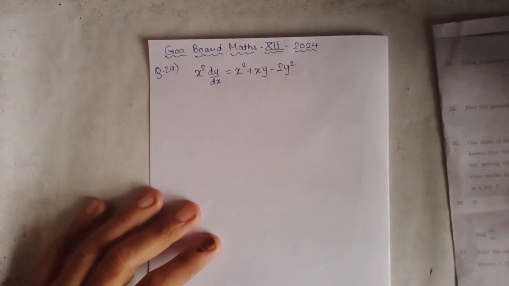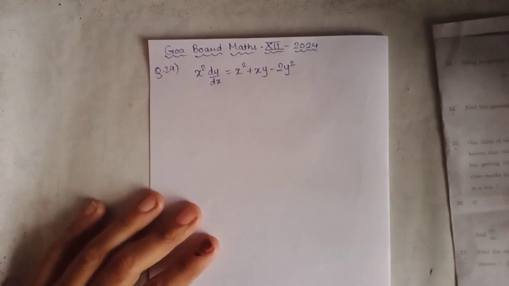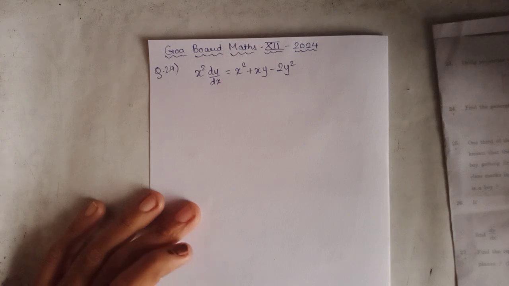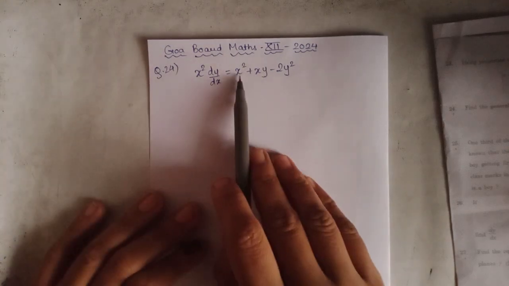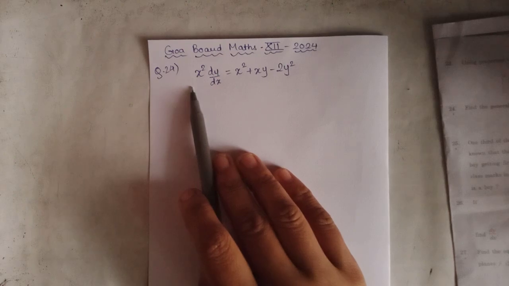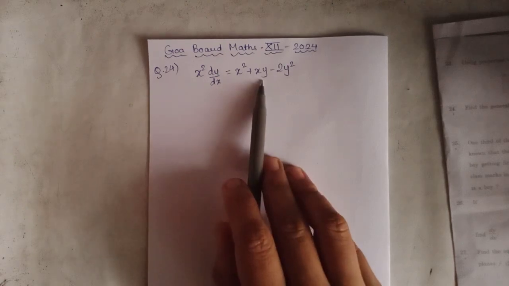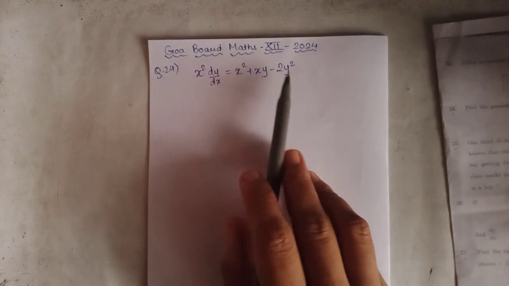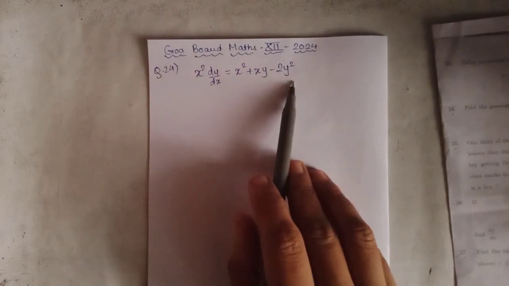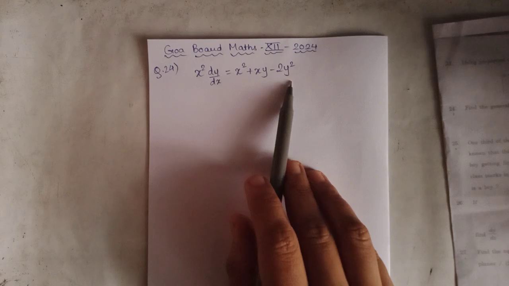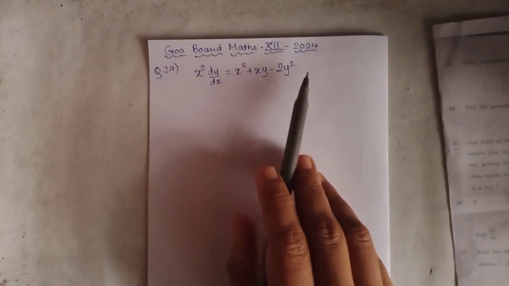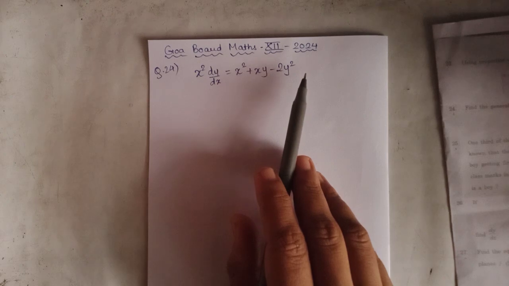Now let's see if you can separate the terms. If I take this x square this side, y I can't take common. So this is not separating the variables. So you can't separate the variables, then you have to substitute y equal to vx.